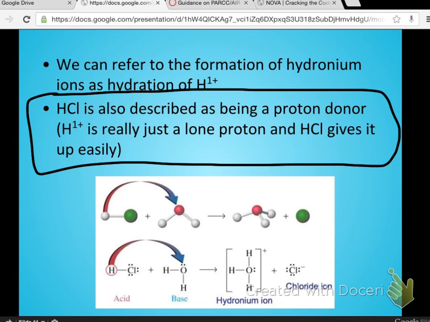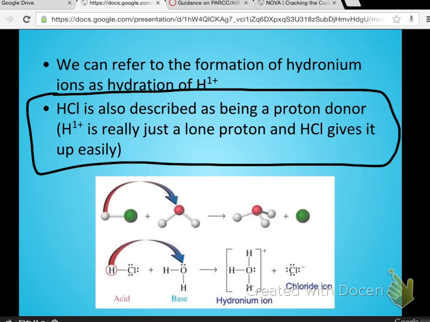One of the things that I was least prepared for when I took college chemistry for the first time was dear sweet Dr. Kochnat, who I had for all of the general chemistry, would just toss off, well, then this is the proton donor, so it is the acid. I had no idea what he was talking about.